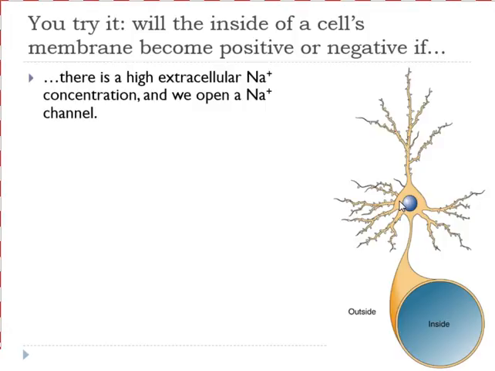If there's high extracellular sodium concentration versus low intracellular sodium concentration, so there's much more sodium outside than inside, and then we open a sodium channel, what should the charge become on the inside of that membrane?